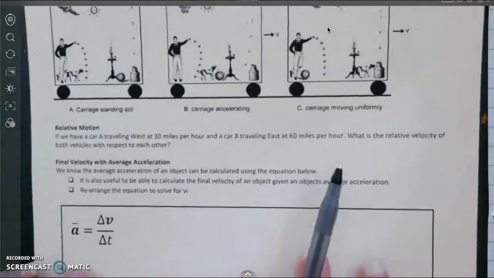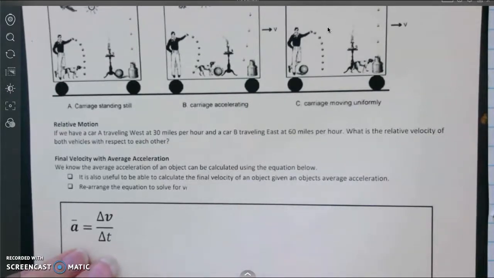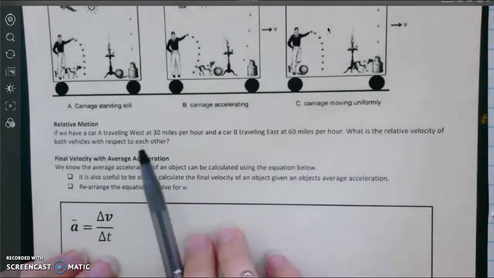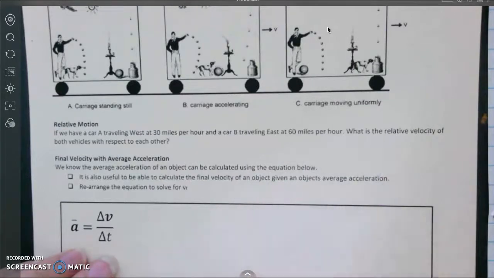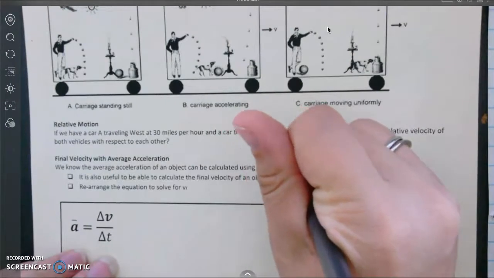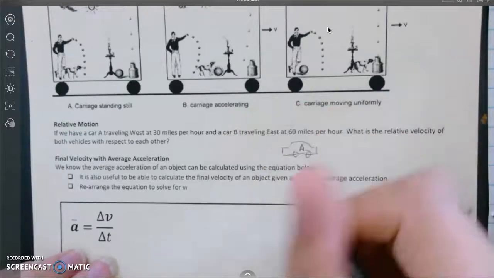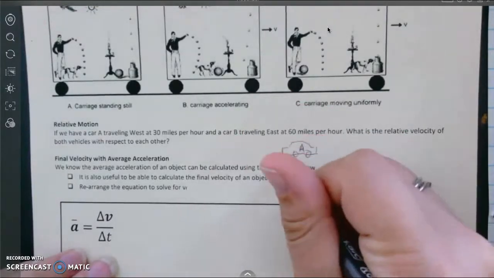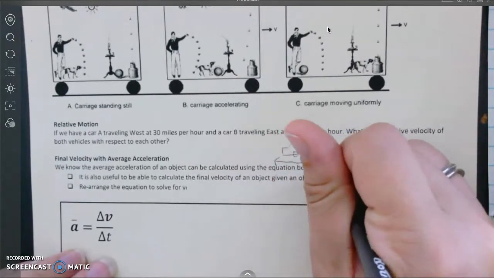Now, we also have to recognize relative motion. Okay, so an example of this: if we have a car traveling west at 30 miles per hour and a car traveling east at 60 miles per hour, what's the relative velocity of both vehicles? So we have car A traveling west. Okay, so here's our vehicle A, and we're traveling west at 30 miles per hour.